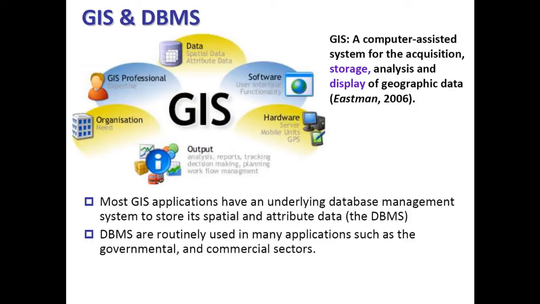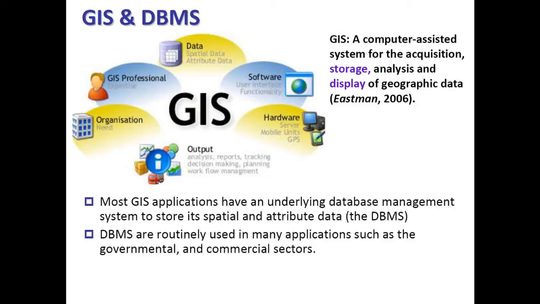When we talk about GIS, you guys remember this definition of a computer-assisted system for the acquisition, storage, analysis, and display of geographic data. We've focused mostly on that display component so far. We've talked a little bit about how stuff is stored, but the DBMS side is really that storage and some of those analytical tools.